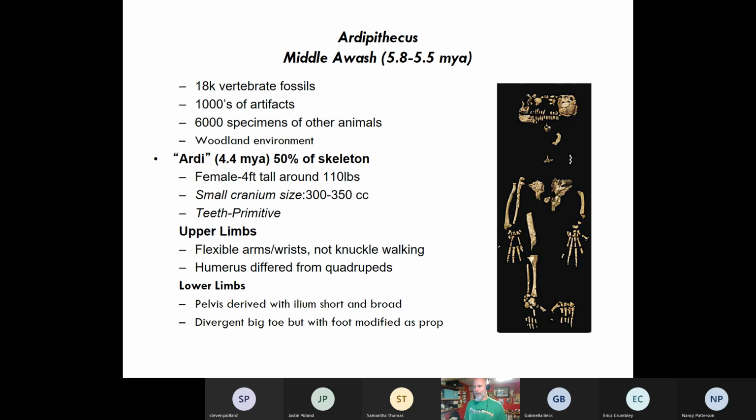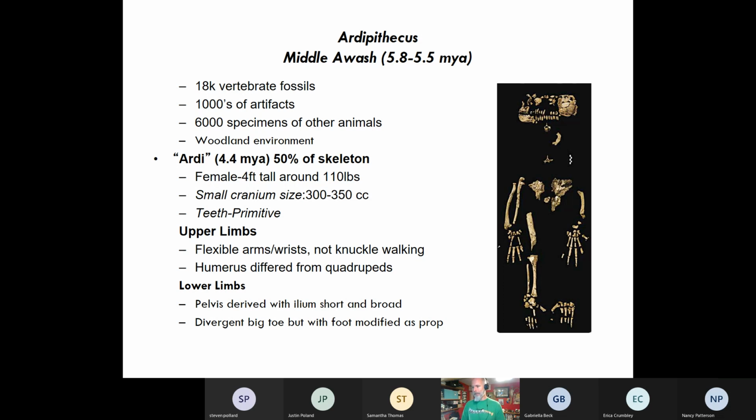And the pelvis is also broader and shorter. We talked about the bowl effect of our pelvis versus the more vertical pelvis of the hominoids. It's definitely built for bipedalism. The big toe is divergent, interesting enough.